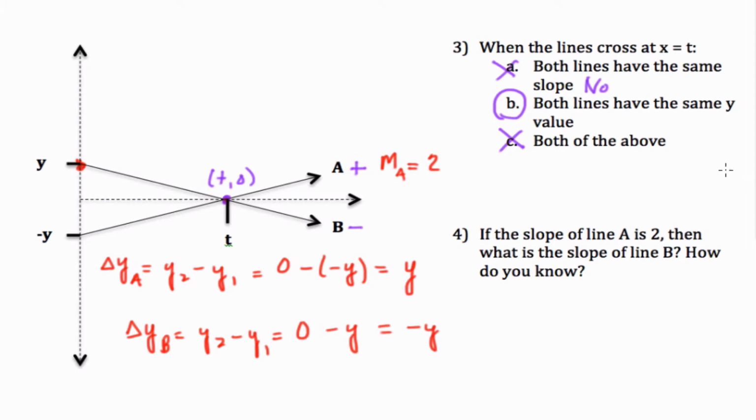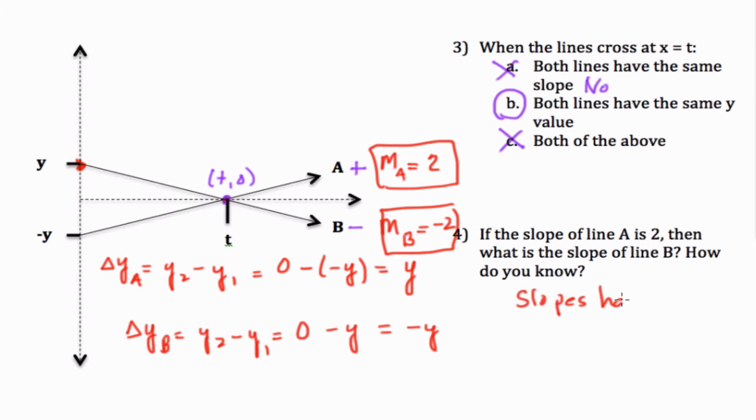So therefore, if A is positive 2, what must B be? It is negative 2, and I would know this because the slopes have the same magnitude. So the answer is negative 2. Slopes have the same magnitude.